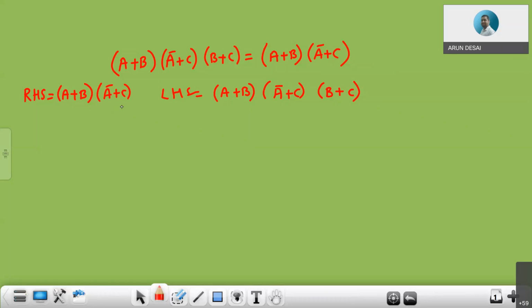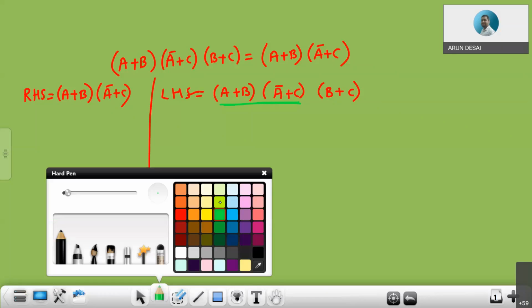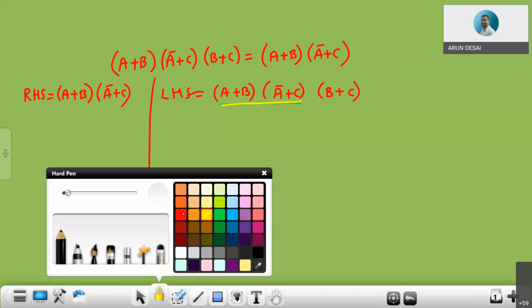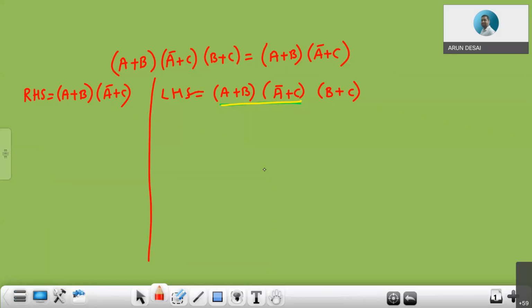And you need to check whether both LHS and RHS are the same in this case, right? So first and foremost, we need to check for the first two terms.